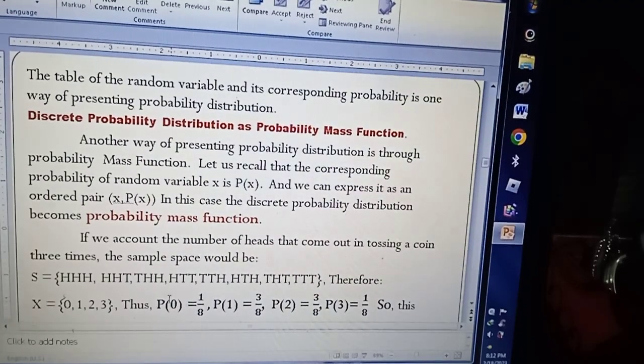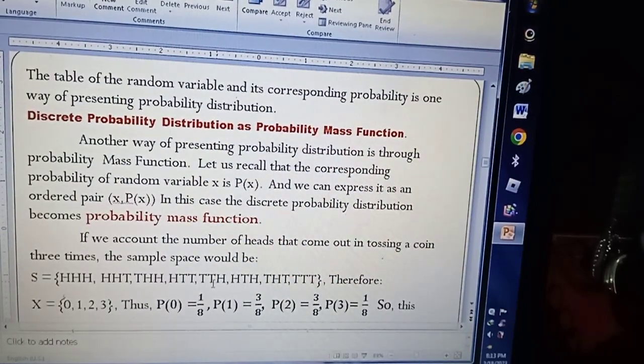So this P of 0, meaning there are 0 heads that come out, and that is TTT. So only 1/8. And P of 1, meaning there is one head in the outcome only. So how many are there? HTT, TTH and THT. So 3 out of 8, so 3/8.